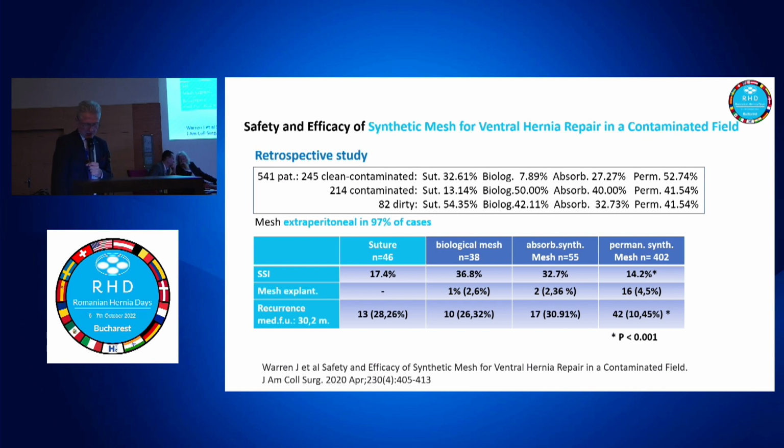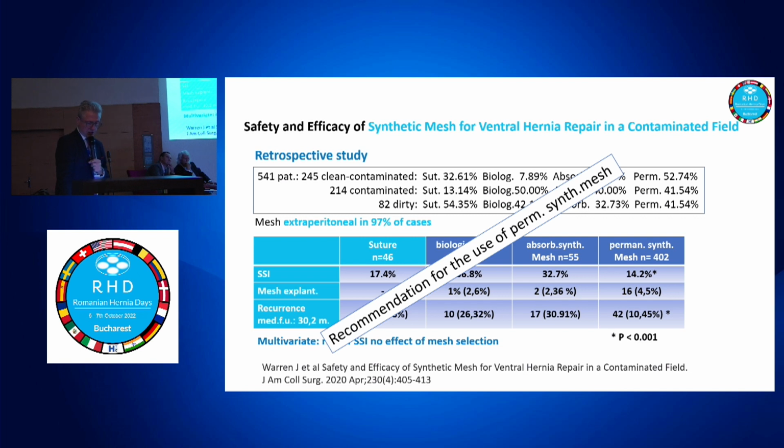This was, of course, significantly less compared to the mesh placement and the mesh explantation. You look at the biological mesh, absorbable and permanent synthetics, there was no significant difference, but the recurrences, you see 10, 17, and 42 for the permanent synthetic meshes. And therefore, at the end, in the multivariate analysis, the risk for surgical site infection and no effect of mesh selection. But there was the recommendation for the use of permanent synthetic meshes.